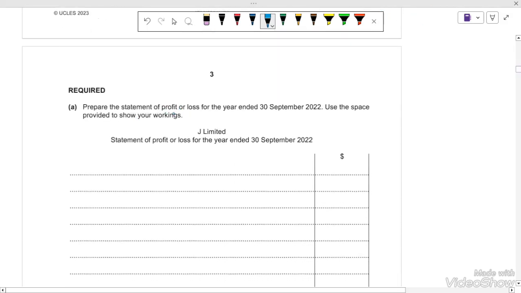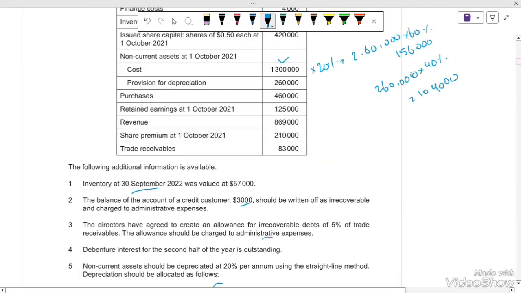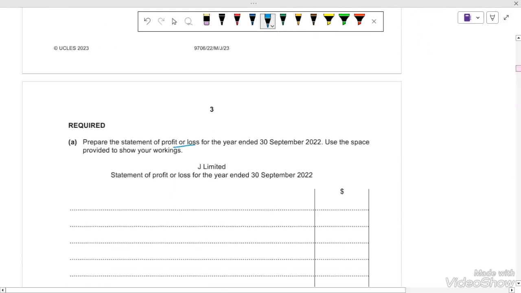Prepare the statement of profit or loss for the year ended 30 September 2022. Use the space provided to show your working. First of all, we have revenue, and revenue is this 869,000.